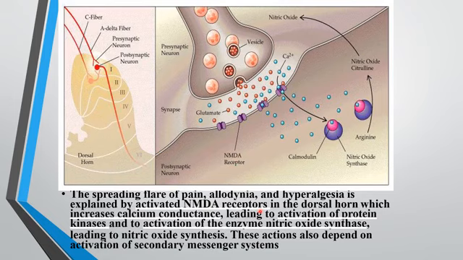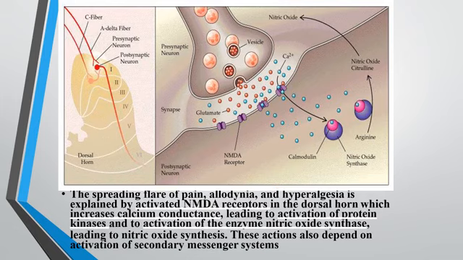When these receptors are activated, they increase calcium conductance, leading to activation of protein kinase so that calmodulin is synthesized, and activation of the enzyme nitric oxide synthase, leading to nitric oxide synthesis. That nitric oxide is released into the synapse.